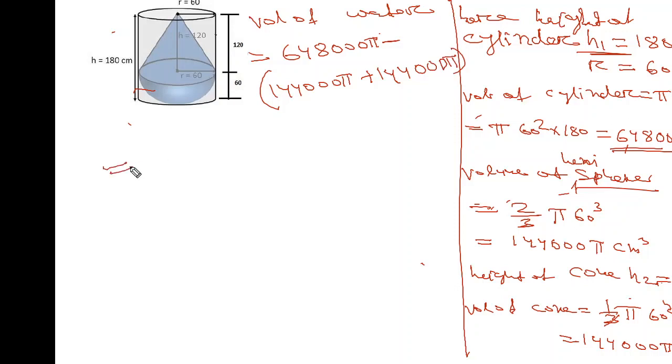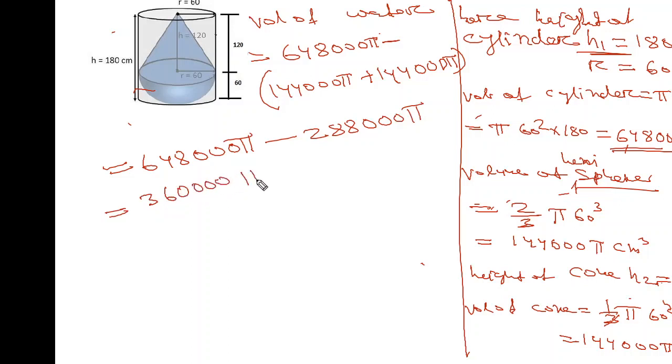So it will be equal to 648,000 pi minus 288,000 pi. Now you can subtract it. It will be equal to 360,000 pi. Now you can multiply pi. Pi is 22/7. So after multiplication, it will be in cm cube.